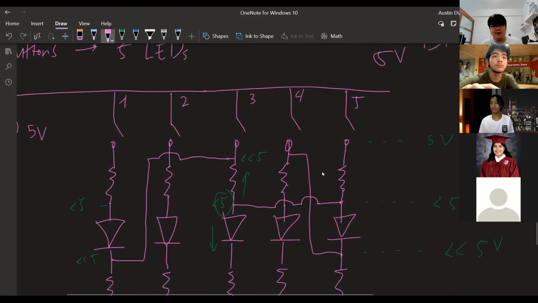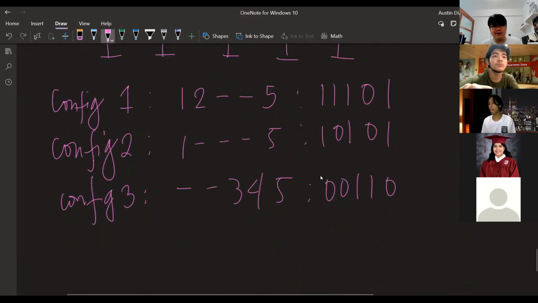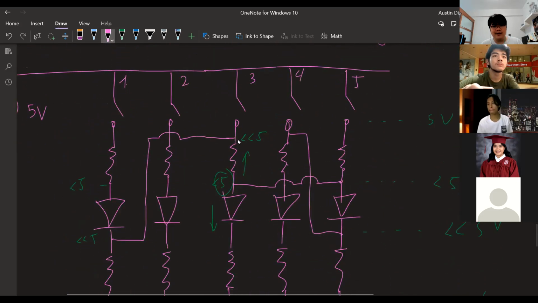Okay. So burahin natin yung mga analysis natin.